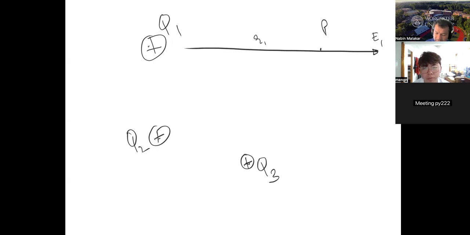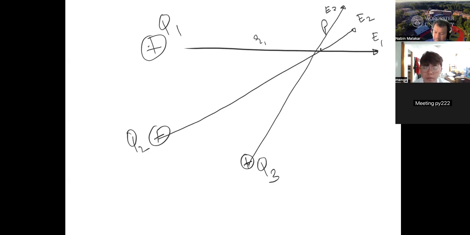Then this is the distance to the next charge, giving E2, and this is the distance to the third, giving E3. So now you end up with the E1 vector, E2 vector, and E3 vector. Now how do you find the total?